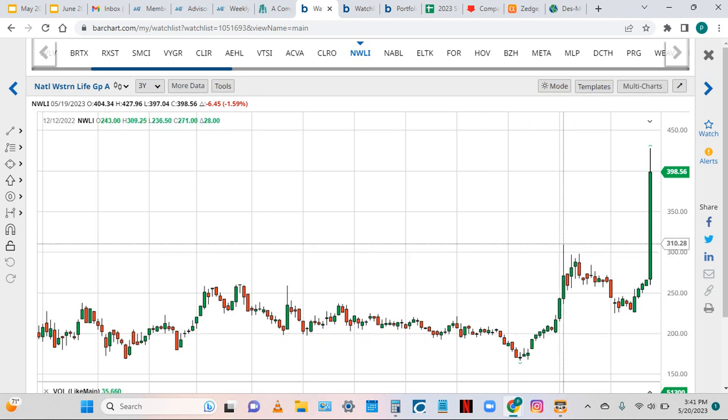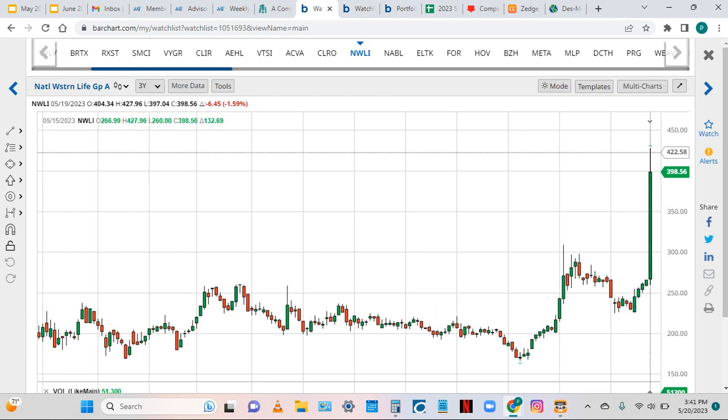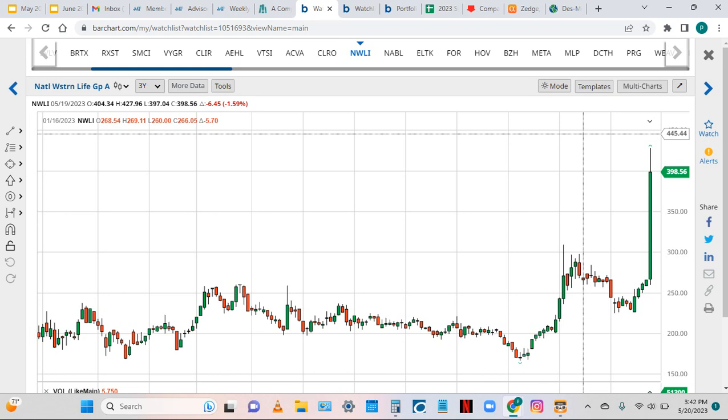Breaks out to the upside, pulls back, consolidates for 5 or 6 weeks, and then just rips. I mean, just puts in an unbelievable candle. So for me, that'd be a sell if I own it, or take profits, or not for me at this time.